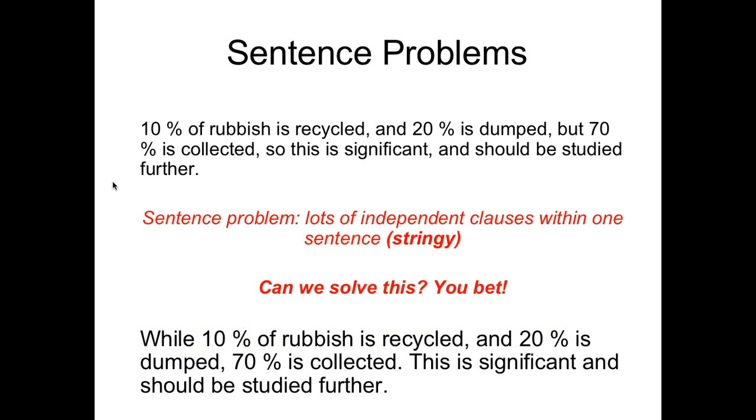Again, on the other side of the spectrum, this is what's known as a stringy sentence because there are lots of different ideas all sort of stuck together, and it's not pleasant to read. 10% of rubbish is recycled and 20% is dumped, but 70% is collected, so this is significant and should be studied further.